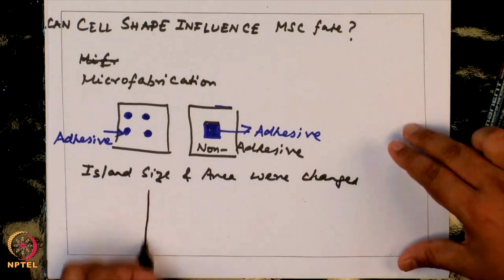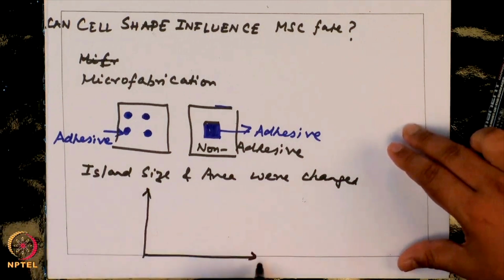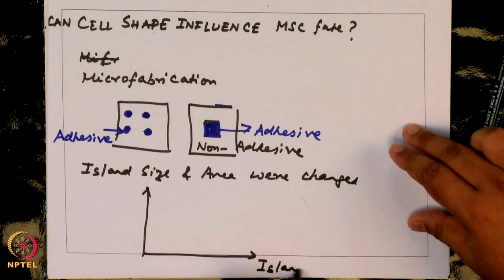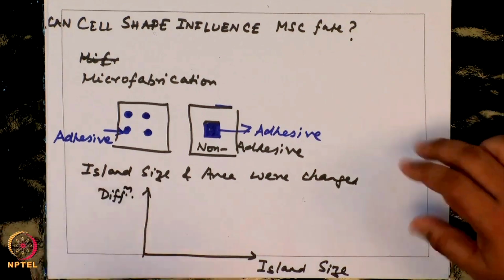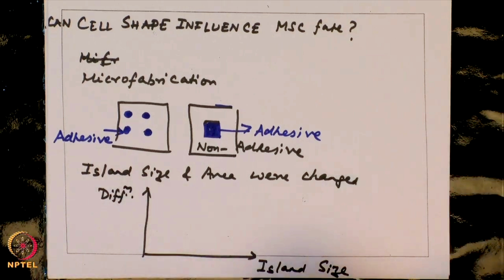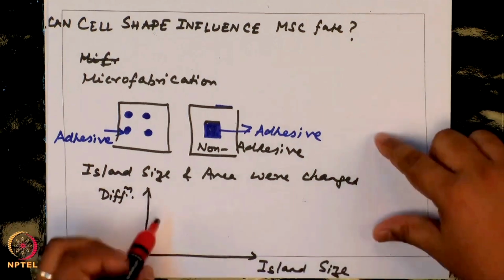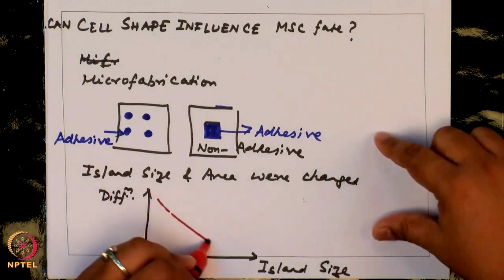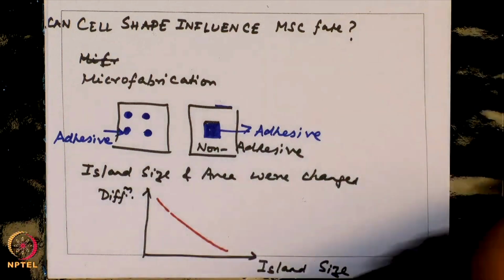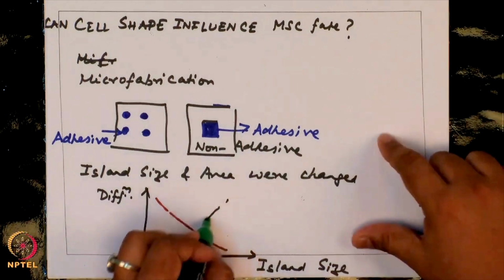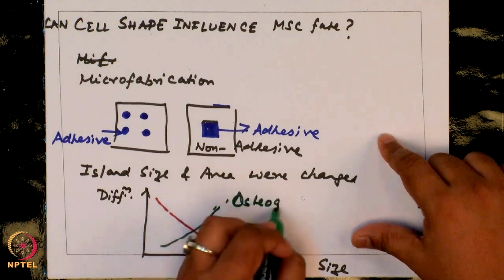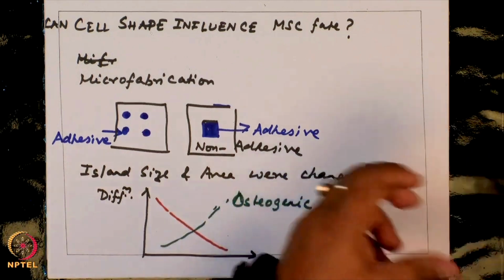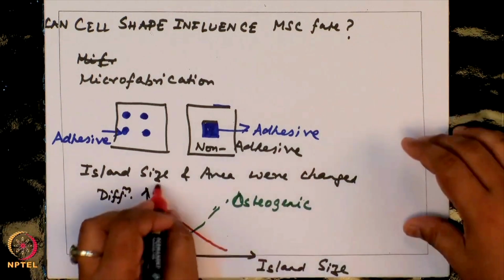What they found, when they varied the island size, with the y axis being the extent of differentiation, was the following. This is osteogenic and this is adipogenic.